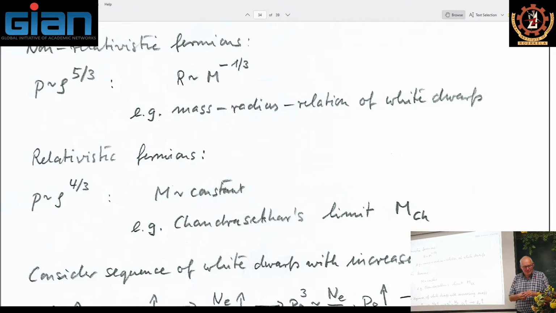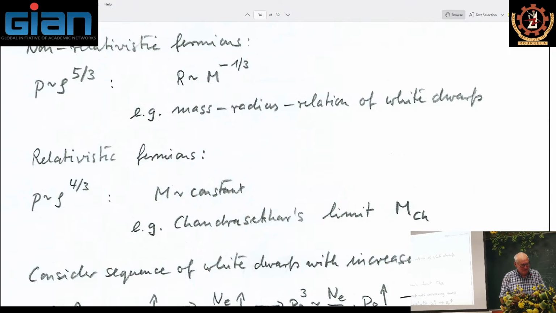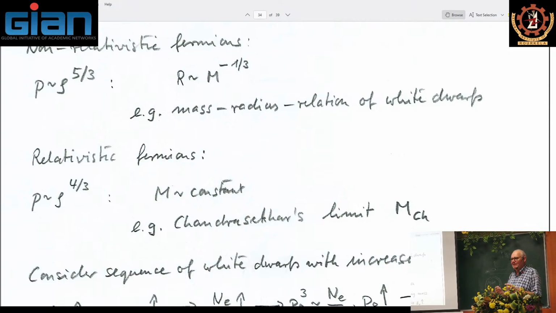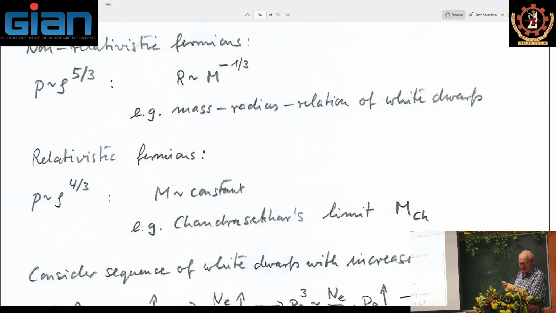Actually, I have to perhaps add a historical remark, because Chandrasekhar was considering the possibility that stars might be described by a degenerate equation of state. In those days he was a student of Eddington in Cambridge, and Eddington strongly objected against his ideas.